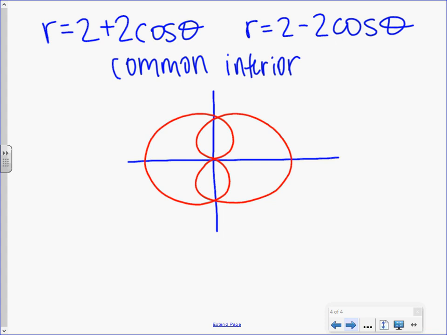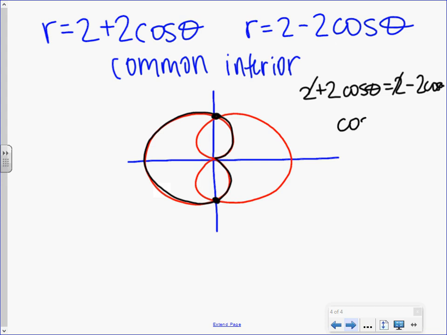All right. What do we do? Well, what do we need to do? We need to find a part of this circle. Would it help if I did one of them in another color? Yes, we need to find the intersection. Don't you think we need these 2 points right here? Okay, so when is 2 plus 2 cosine theta equal to 2 minus 2 cosine theta?